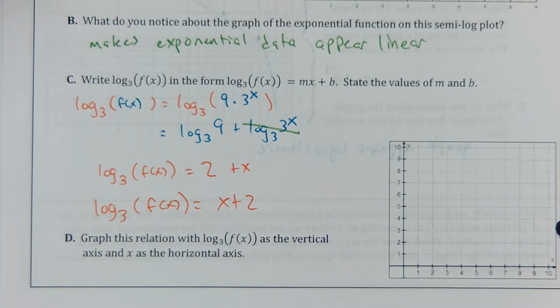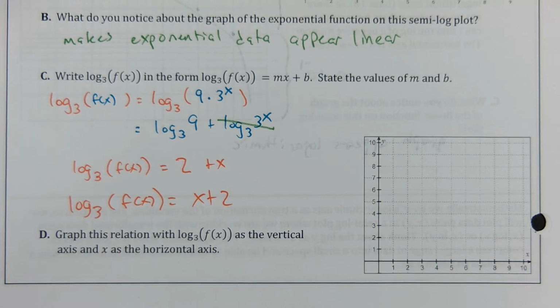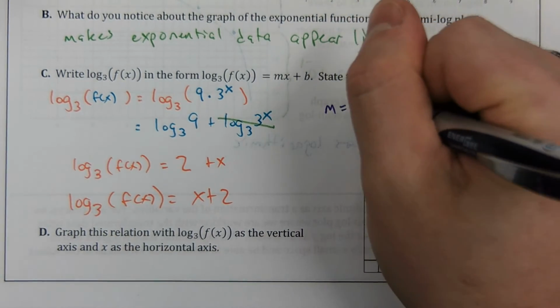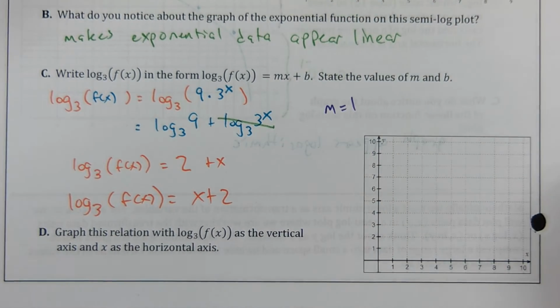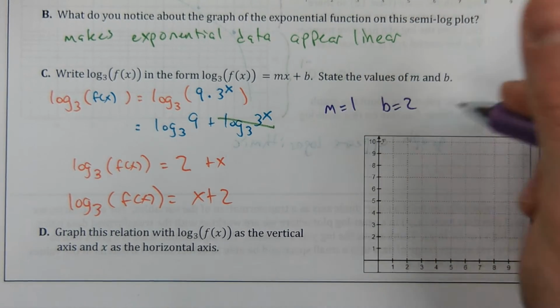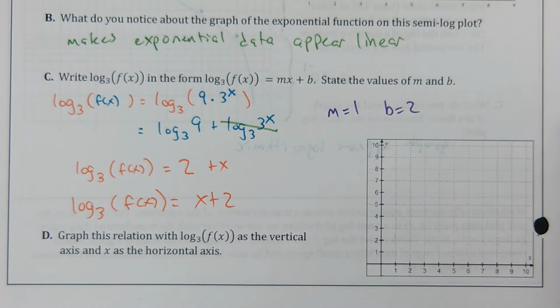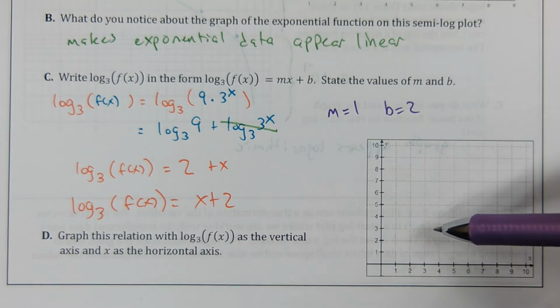We can now identify our slope and our y-intercept, quote unquote. We have a slope of 1 and a y-intercept of 2. So a slope of 1, that means I'm going up 1, right 1.